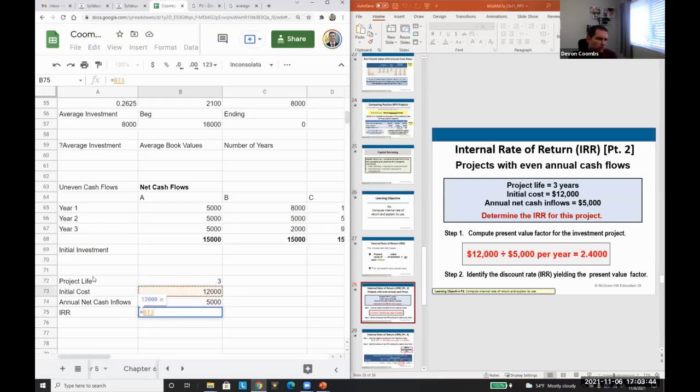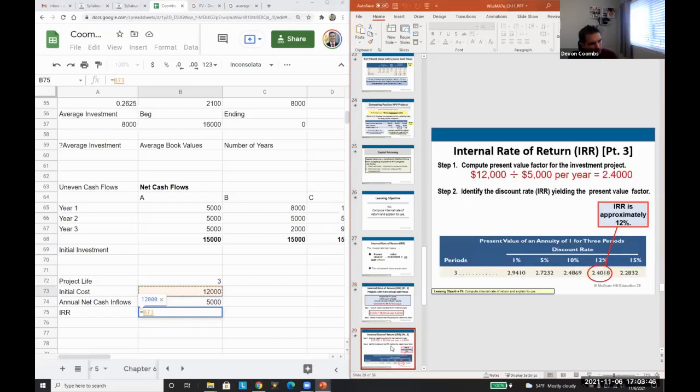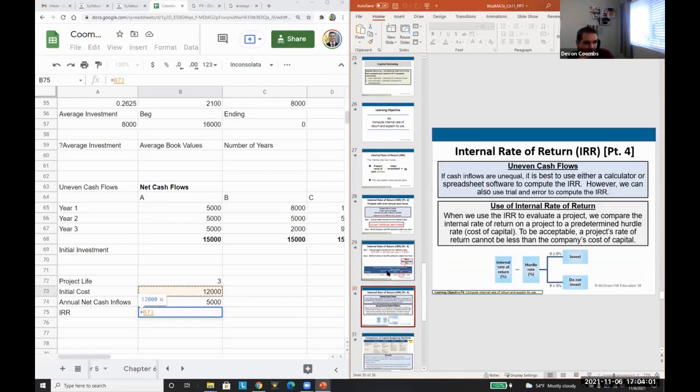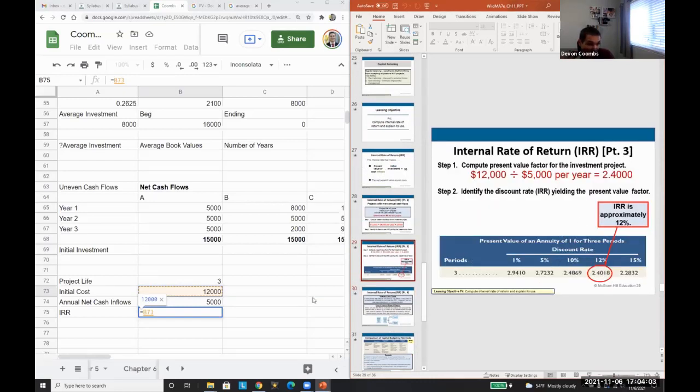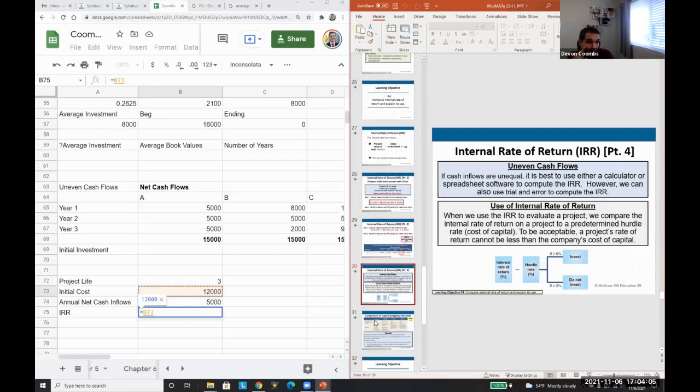Let's see what they're saying here. So first we have to figure out the present value of the project. It's 12% times a 2.4 discount rate. This is the workbook that you could use if you weren't using a calculator.